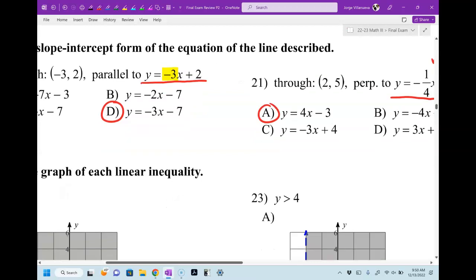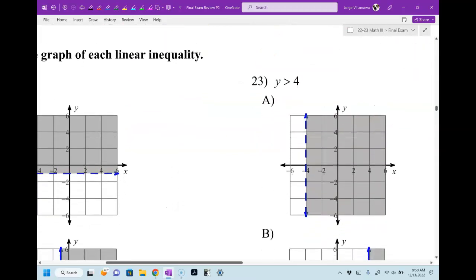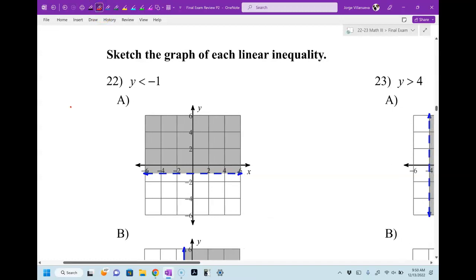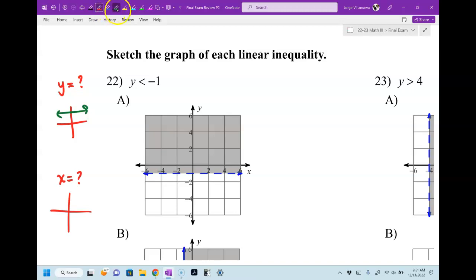All right, now these next two problems are having to do with horizontal lines. Just a real quick reminder for you guys. If it says like y equal to or y greater, y less than, the lines are always horizontal for these. If it says x equal to something, then those lines are vertical.